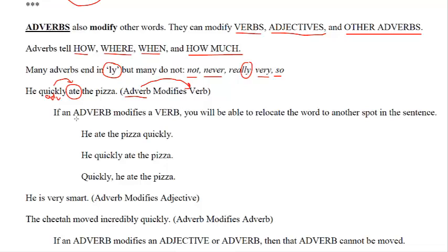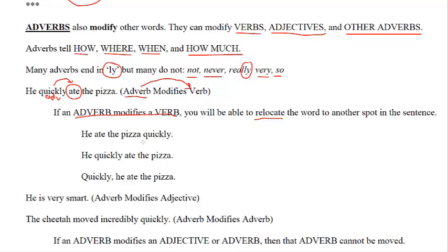If an adverb modifies a verb, you'll be able to relocate that adverb, that word, to another spot in the sentence. If you find an adverb and you think it may modify a verb, the way to test it is see if you can move it around to different parts of the sentence.